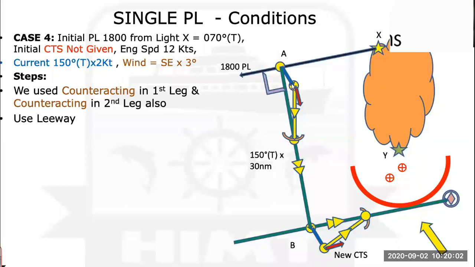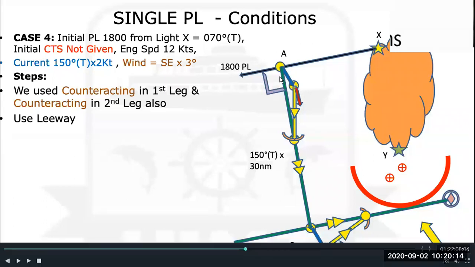So for engine speed, we cut an arc of 12 miles from here. We will get the 1 hour triangle. What we need actually is this alteration point, but we don't have the speed made good. So by this triangle, we'll get the speed made good.